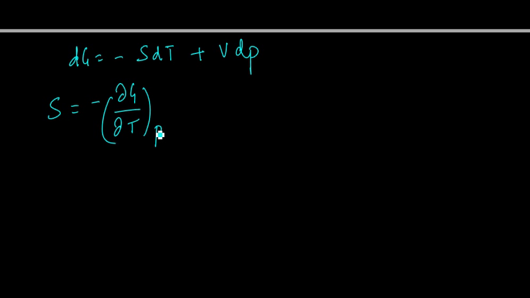We've seen this just a few minutes back. I showed you what exactly it means, right? We could actually say which one is more stable, the gas, liquid or solid, by just comparing the entropies. Then volume would be given by del G by del P at constant temperature.